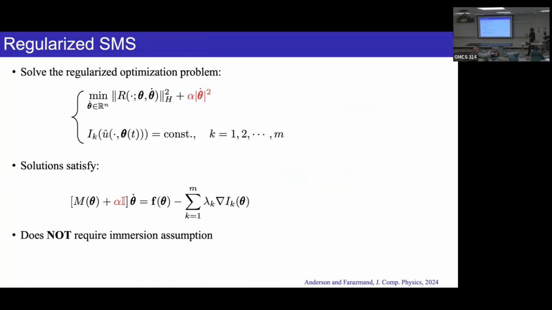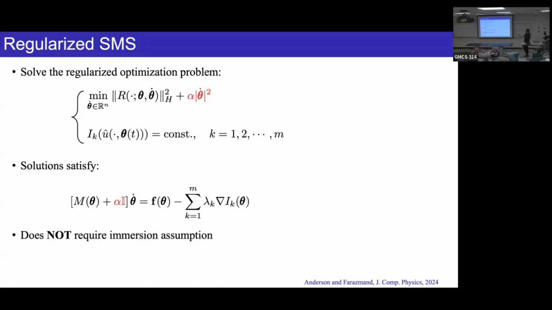All right, let me start with the regularized SMS, which deals with the conditioning of the matrix M. The solution is pretty intuitive. Whenever you have a least squares problem and you get matrices that are ill-conditioned, you regularize your least squares problem, right? Here is the same story. We regularize the underlying optimization problem that gives rise to the SMS equations by adding a Tikhonov regularization with regularization parameter alpha.